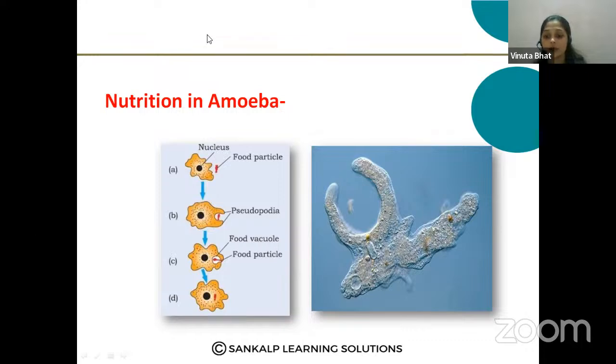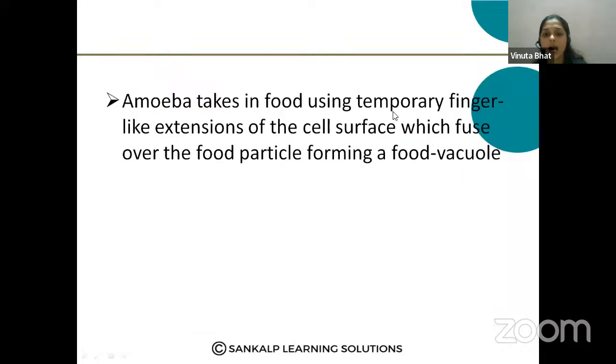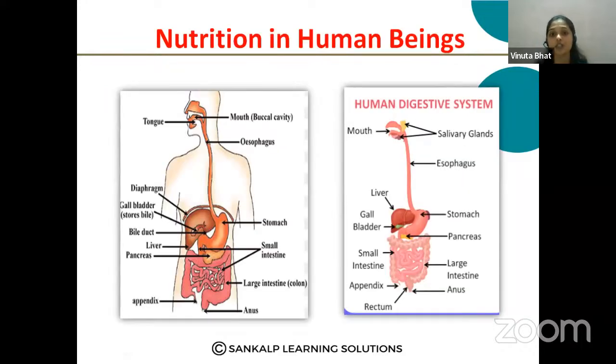Okay, then very important, how the digestion or nutrition takes place in the human beings. Very important topic, nutrition in human beings. The nutrition in human beings contains the alimentary canal and the digestive glands. So listen carefully.